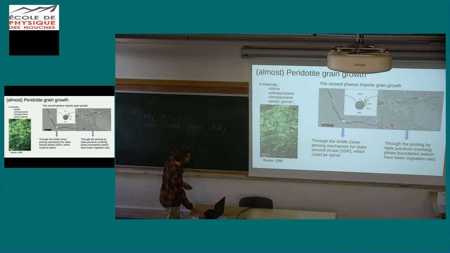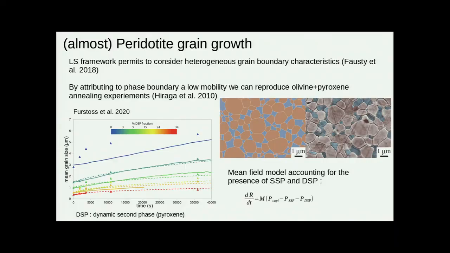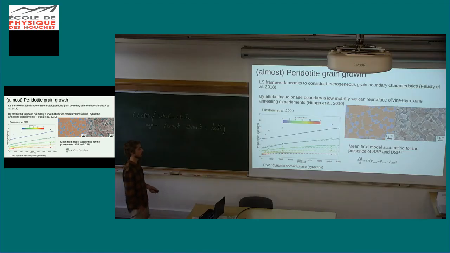So we try to take into account in our model this dynamic second phase which is evolving simultaneously, and for this we use the numerical development of Julien Petit, which allows us to account for heterogeneous grain boundary characteristics.